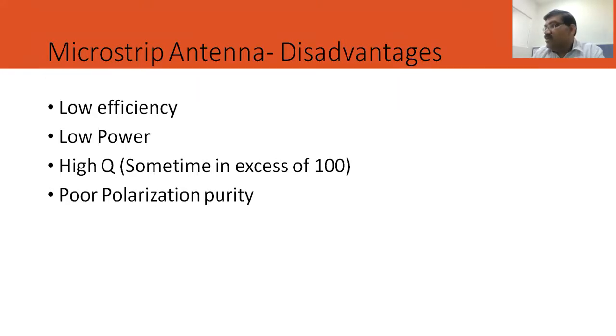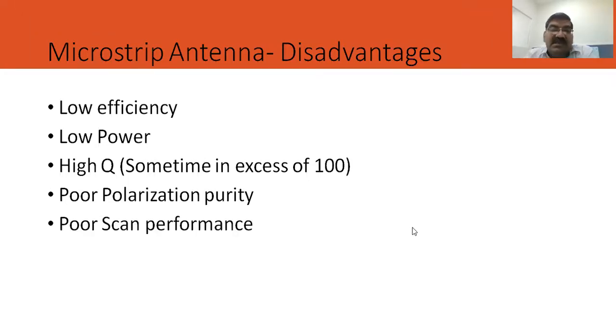Due to that, the problem of polarization mismatch is always there. So this is the problem here, that is the polarization mismatch. Our polarization is poor, and there is poor scan performance.